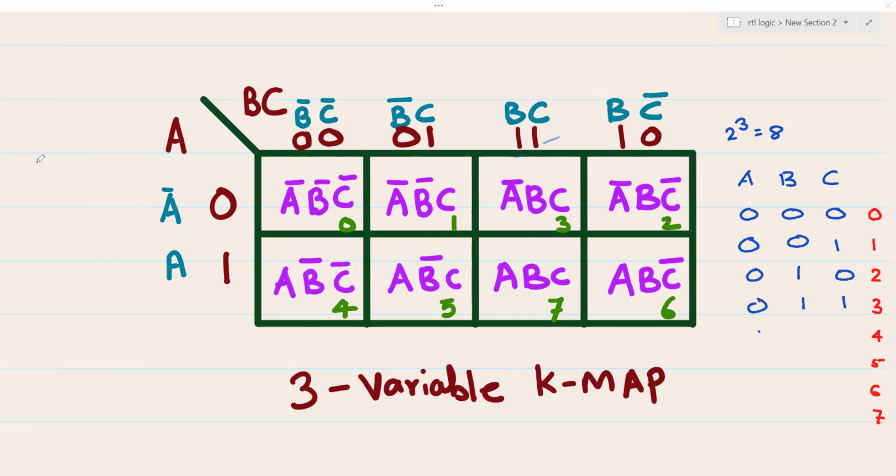So let us write here one by one. So number 4 would be 1, 0, 0, then 1, 0, 1, then 1, 1, 0, and then finally 1, 1, 1. So this is how the truth table representation gets converted into three variable K-map or vice versa.